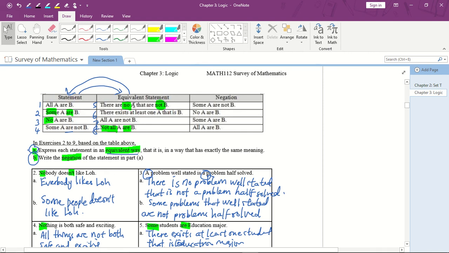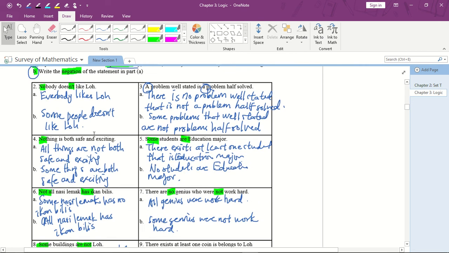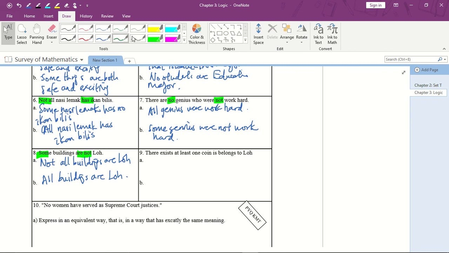There exists at least one A that is B. So the equivalent statement will be the left side, which is some A are B. So here, the answer will be some coins belong to law.